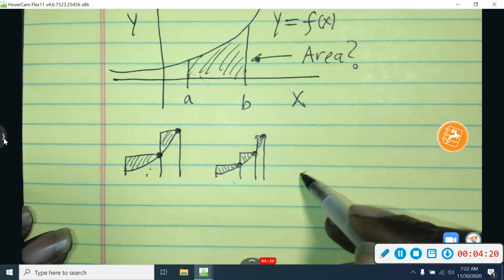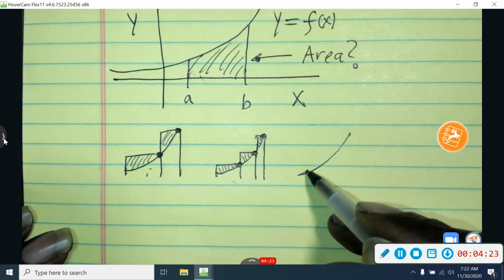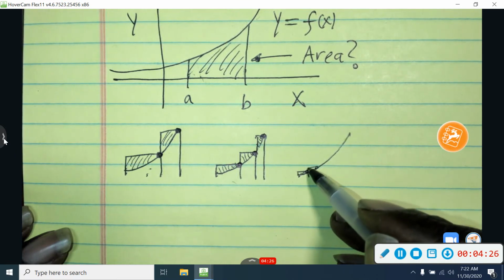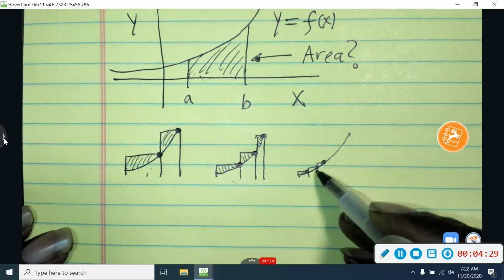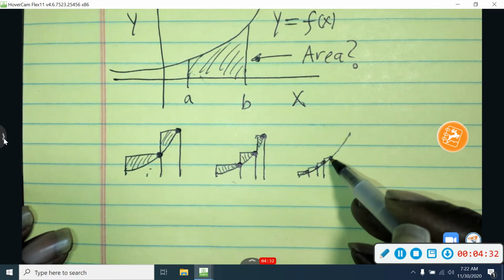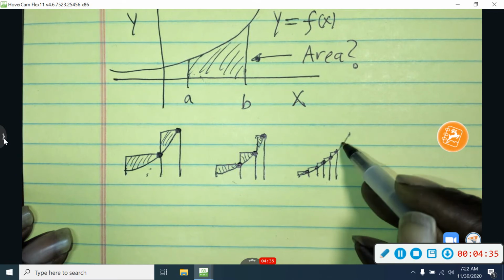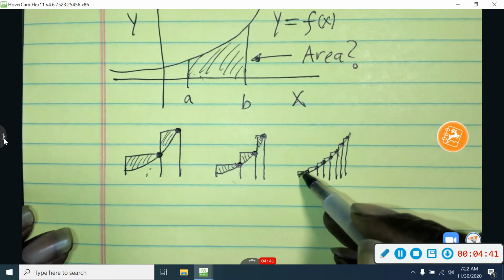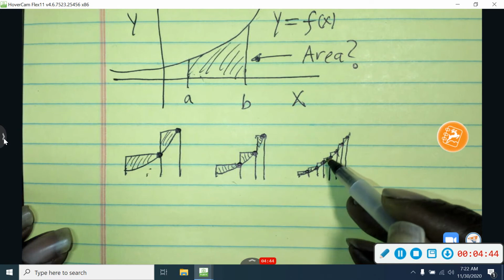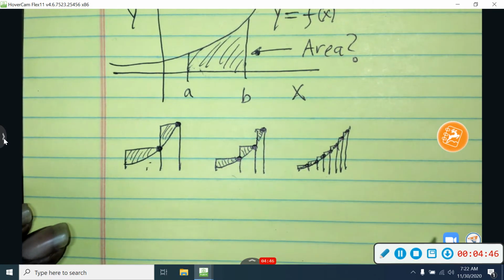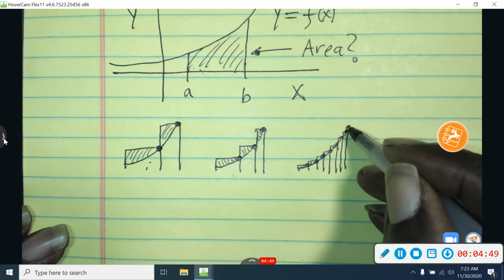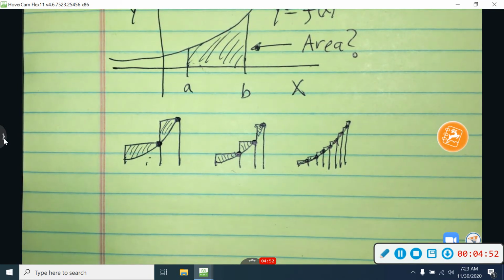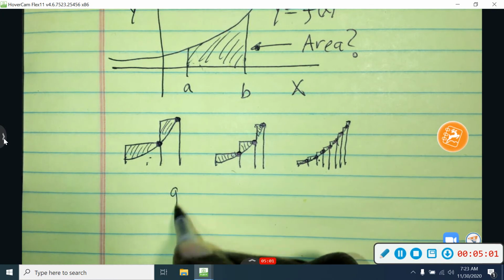And indeed, if I put a whole bunch of rectangles under there, you can barely see how much I'm getting too much of. I'm still getting too much area. But it's getting better the more rectangles I put underneath the function. So the estimate gets better.